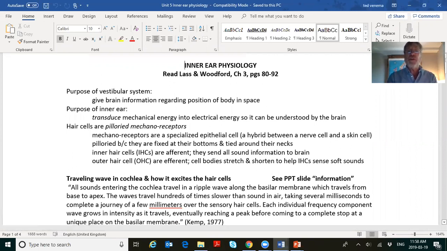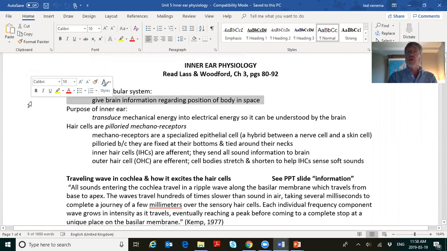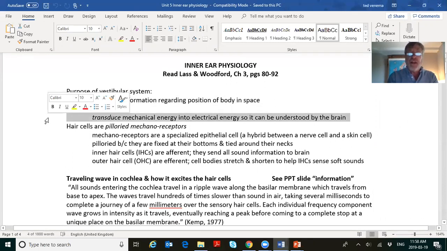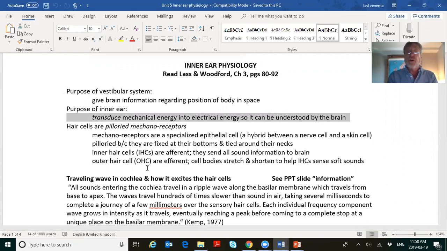The purpose of the vestibular system is to give your brain info about your body positions in space. Balance. The purpose of the cochlea is to change mechanical energy from the middle ear. Remember, the middle ear changes sound into mechanical energy. The cochlea has two things it does.